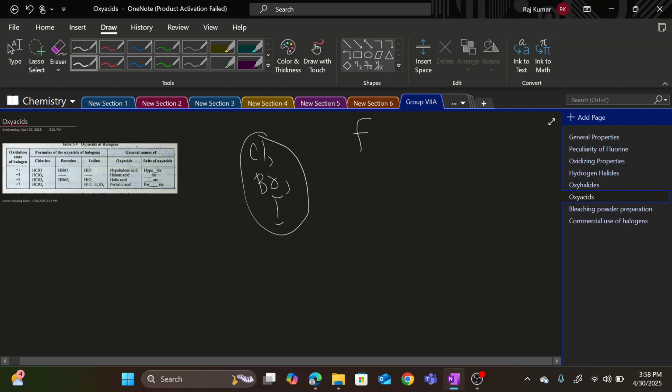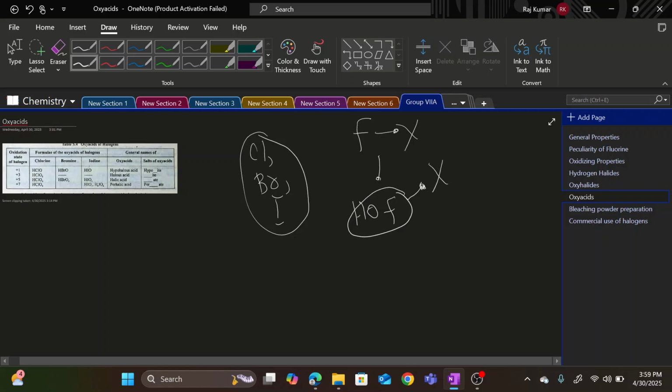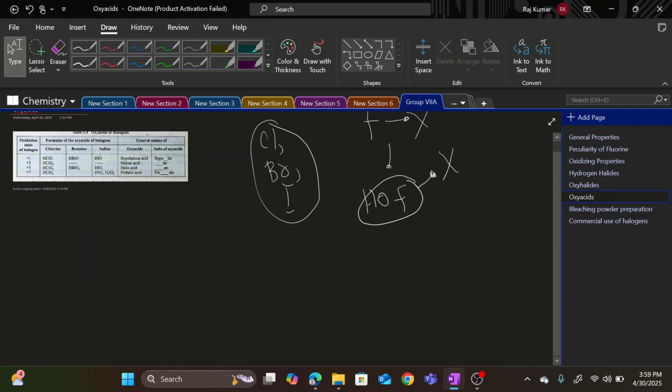But fluorine does not form oxy acids. It hardly forms hypofluorous acid, but that is an unstable intermediate state which does not exist in the environment for a very long time. So in general, fluorine does not form oxy acids, while chlorine, bromine, and iodine do.